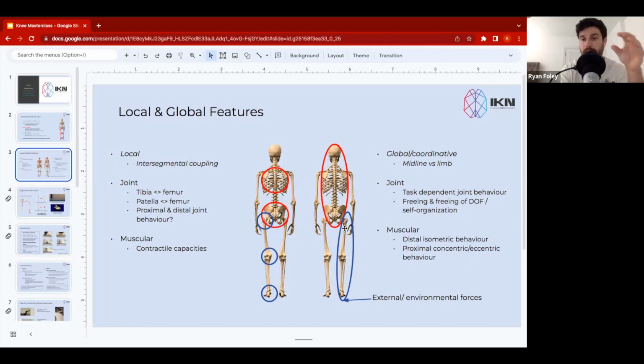So you can almost think of it as this interaction from proximal to distal between very complex joint segmental architecture, if you like, and then much more simplified organization from a joint segmental standpoint. And then we have more complex organization again in the local segmental interactions around the foot complex.